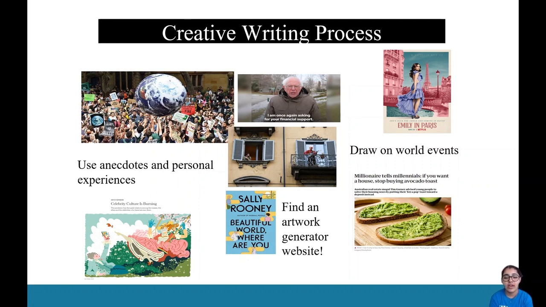You could find an artwork generator website, that could be another way to go. And just be inspired by things that you come across, like, for example, a news article: the millionaire tells millennials, if you want a house, stop buying avocado toast. You could write a story about that. Whatever sparks that creativity, use it to write.